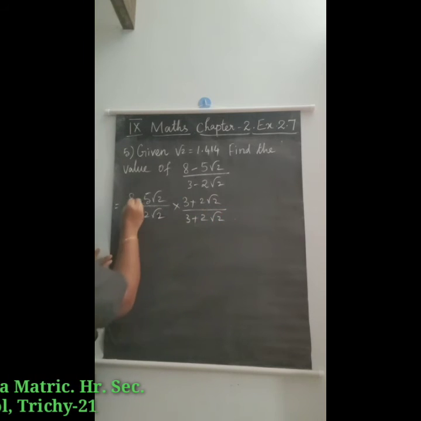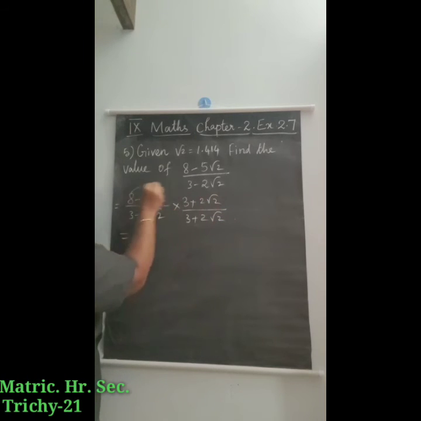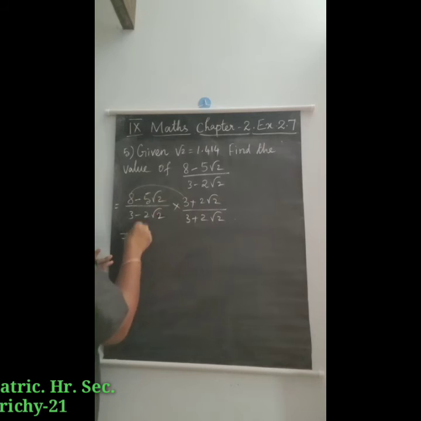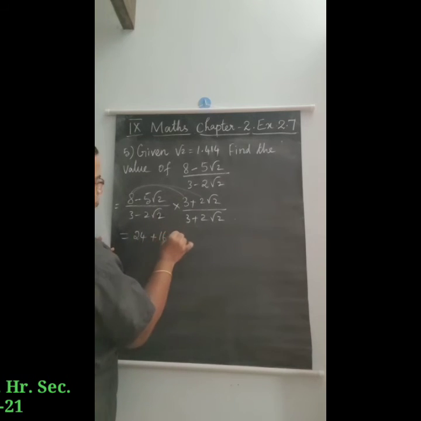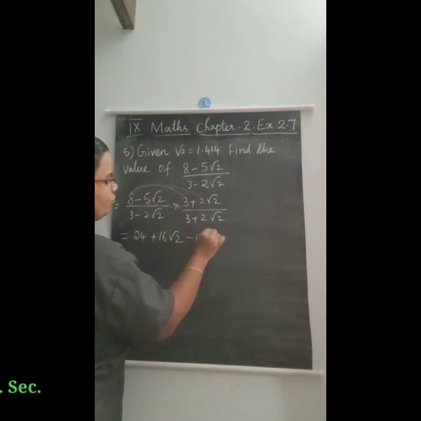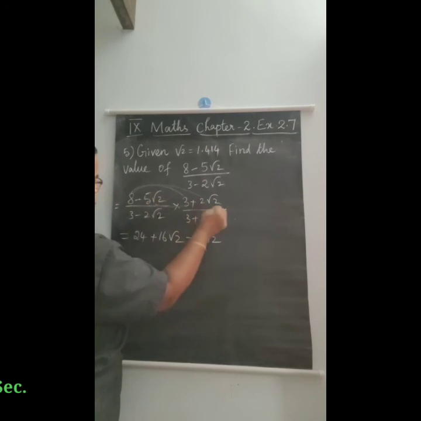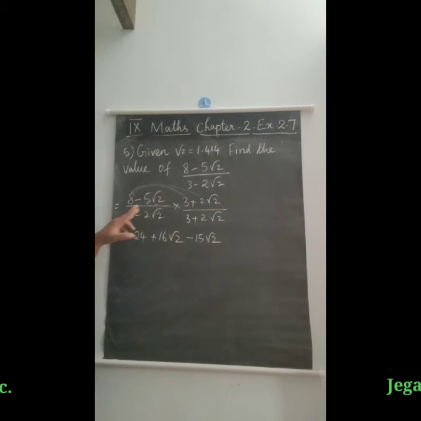So, that is equal to, you have to multiply each and every term. 8 into 3, 24, and 8 into 2, 16 root 2. So, plus 16 root 2 and here minus 15 root 2, and minus 5 root 2 into 2 root 2.